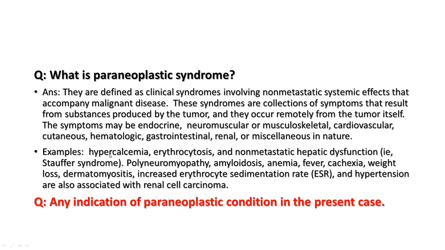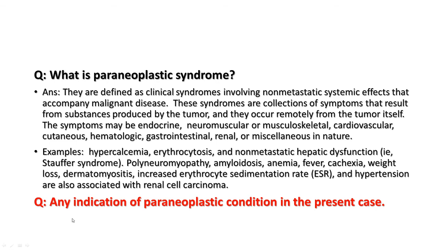The examples are hypercalcemia, erythrocytosis, non-metastatic hepatic dysfunction, that is called Stauffer syndrome, polyneuropathy, polyneuromyopathy, amyloidosis, anemia, fever, cachexia, weight loss, dermatomyositis, increased erythrocyte sedimentation rate, and hypertension, all also associated with renal cell carcinoma.